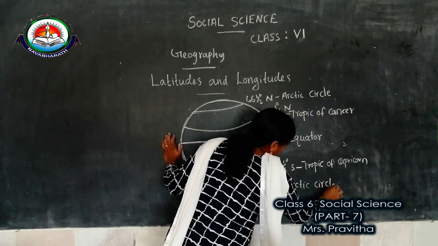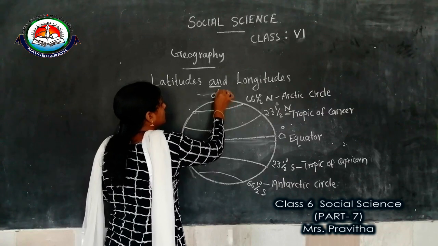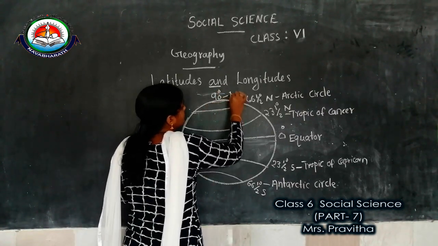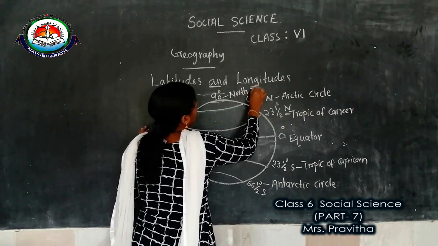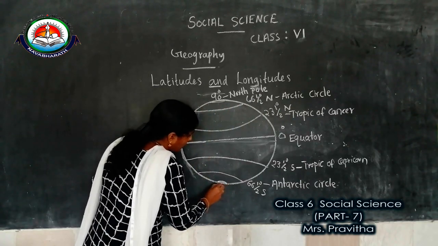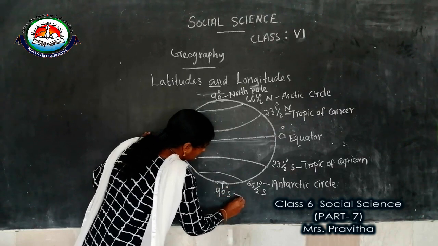Then 90 degree north is another one. 90 degree north is known as the North Pole. 90 degree south is known as the South Pole.